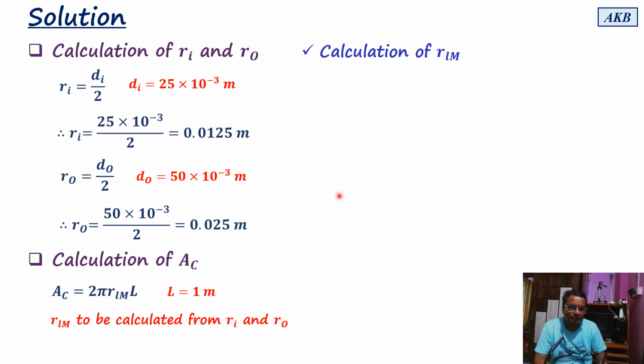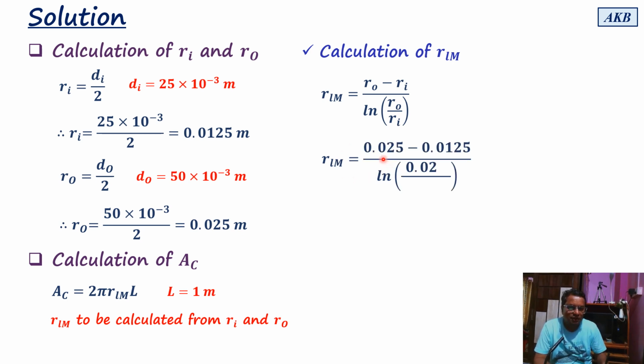What is the formula? For calculating r_LM, the formula is RO minus RI divided by ln of RO by RI, which is nothing but the logarithmic average of RO and RI. If you put the values, RO is 0.025 minus RI is 0.0125, so it is 0.025 minus 0.0125 divided by ln of 0.025 divided by 0.0125, which is nothing but 0.018 meter.